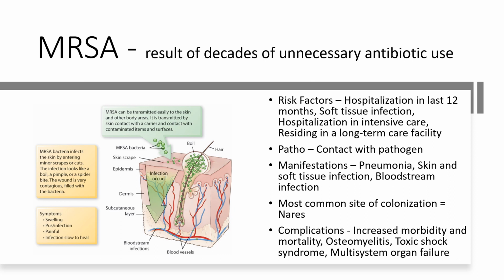Infections with MRSA are associated with increased morbidity and mortality. The overall rate is 20 to 50%. So this can also lead to osteomyelitis and toxic shock syndrome. If it's untreated, it can ultimately lead to multi-system organ failure and death.